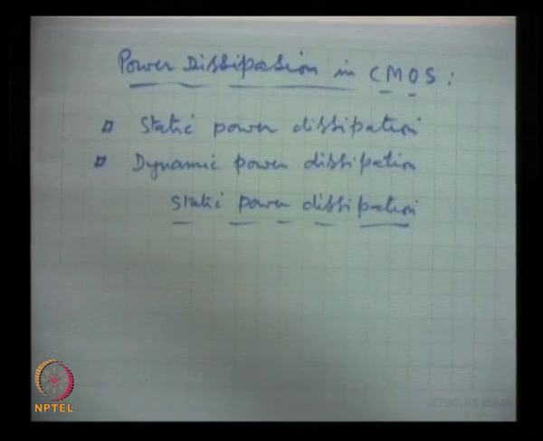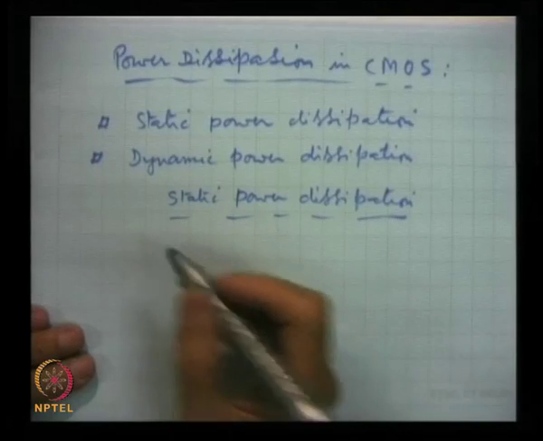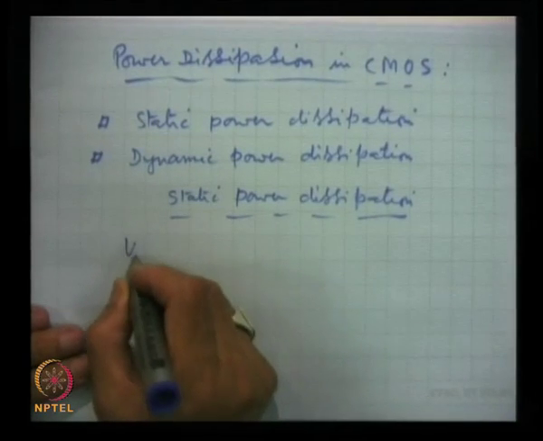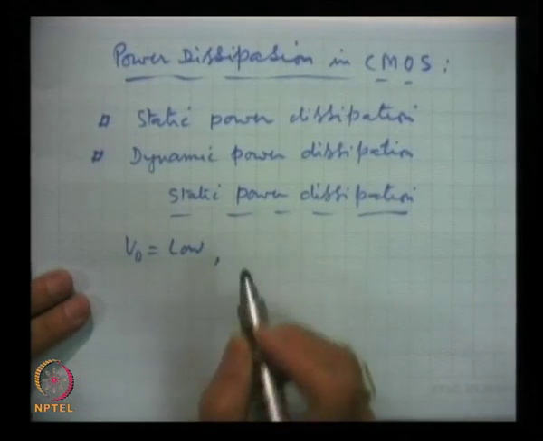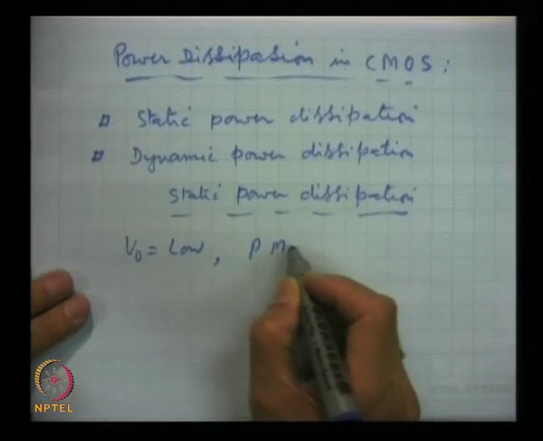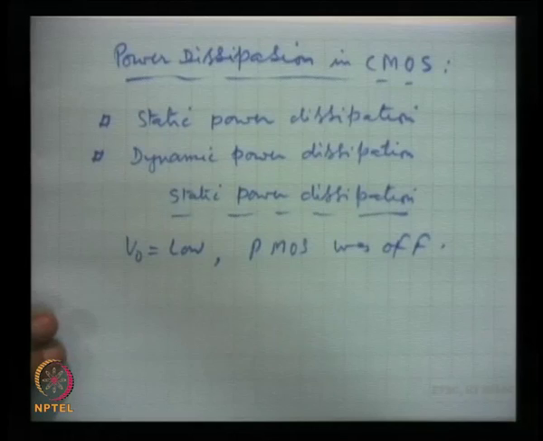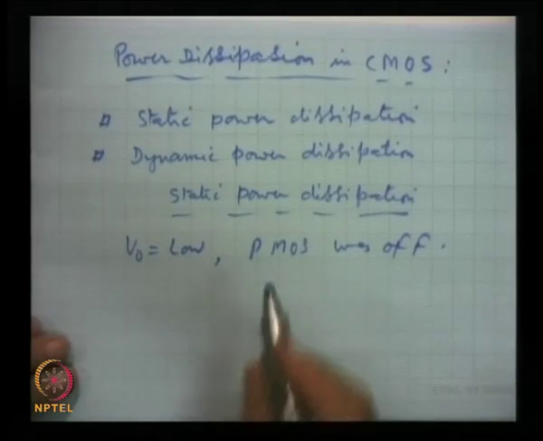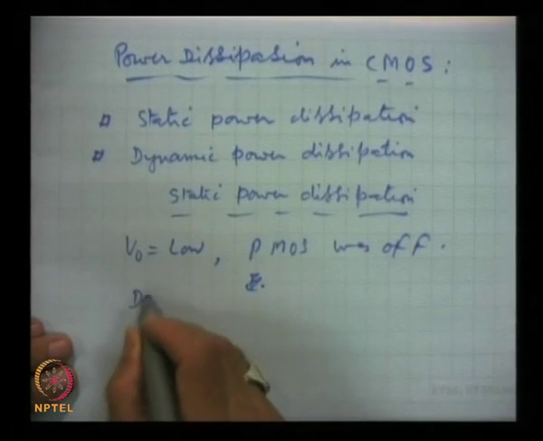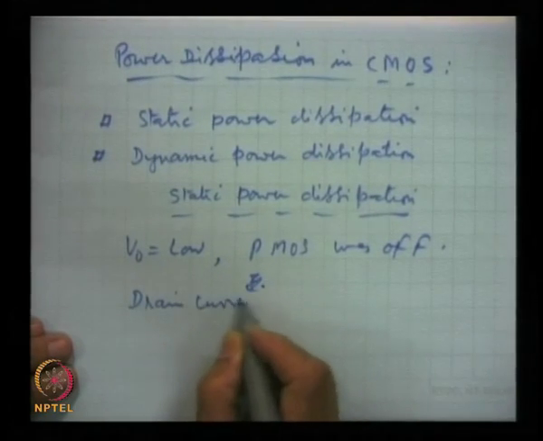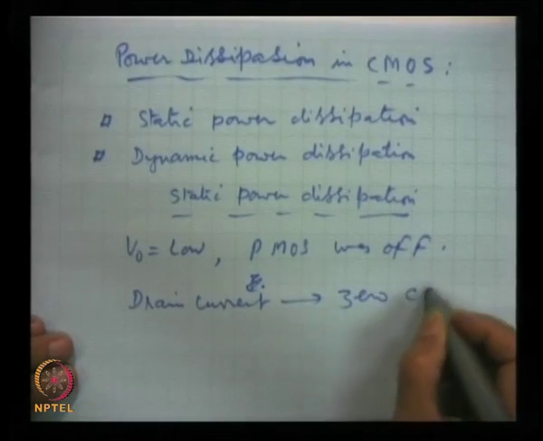Now, we have seen that when the state changes, for example, when V out is low, in this case PMOS was off, and the drain current ID in the CMOS was 0, in fact, the total drain current was 0 in the CMOS.